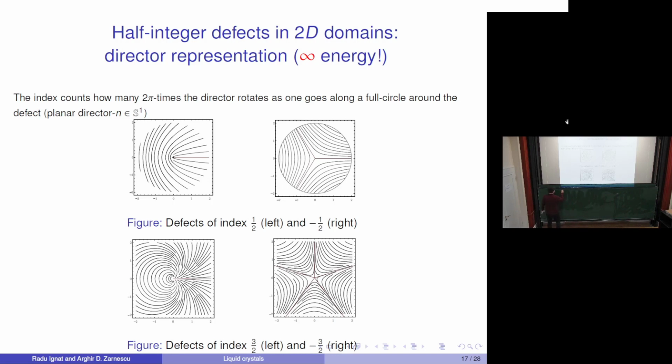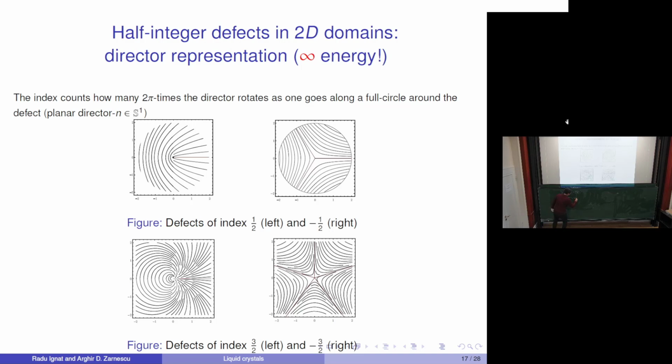So you have F from S1 into the complex plane, and then you have this index, or degree, depending on what part of the mathematical theory it comes from.